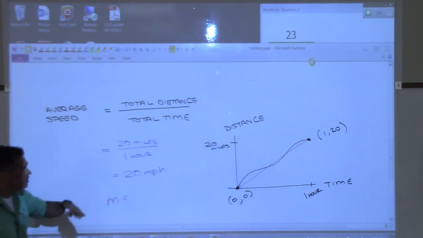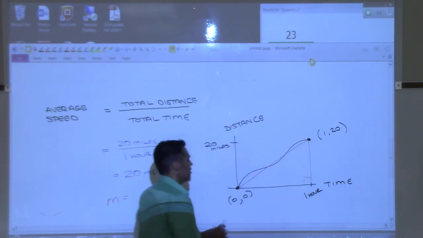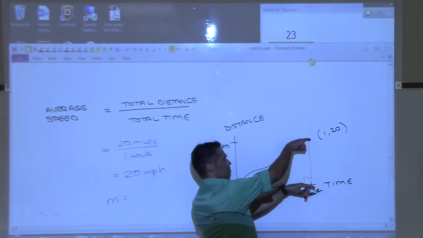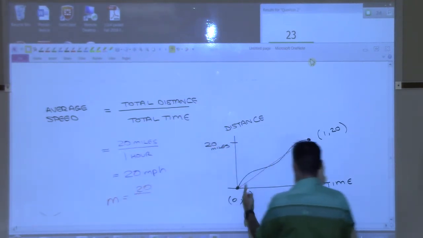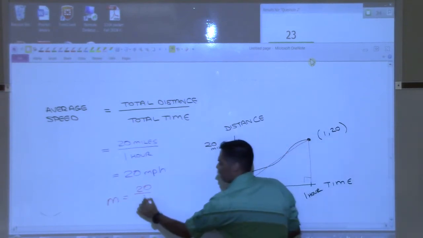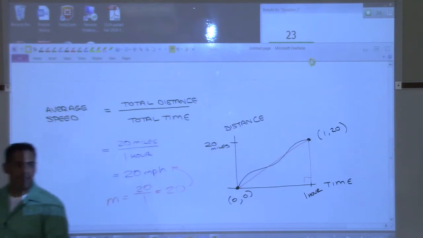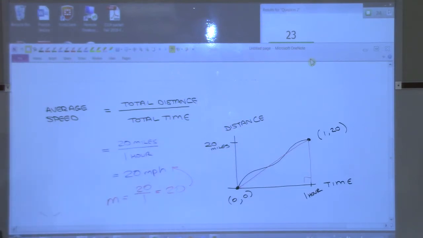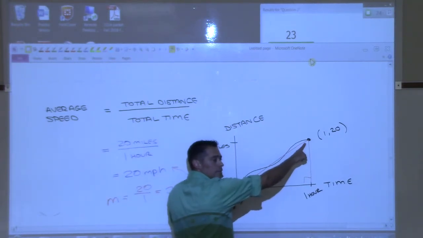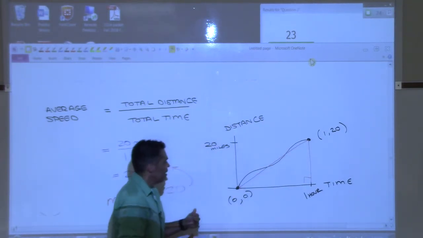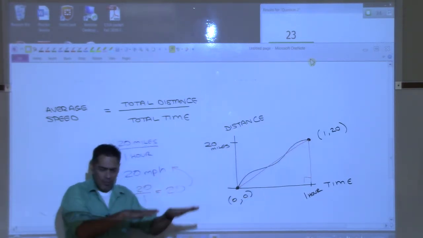In this case, what's your rise? We almost could look at it like a triangle. The rise would be the difference of these, which would be 20. So you get 20, that's your rise, over your run. What's your run? It is 1. And look, these are not coincidentally the same answer. You could look at your average speed as the slope of the line connecting these 2 points. So it's like saying this person, when they drove to school, they sped up, slowed down, right?